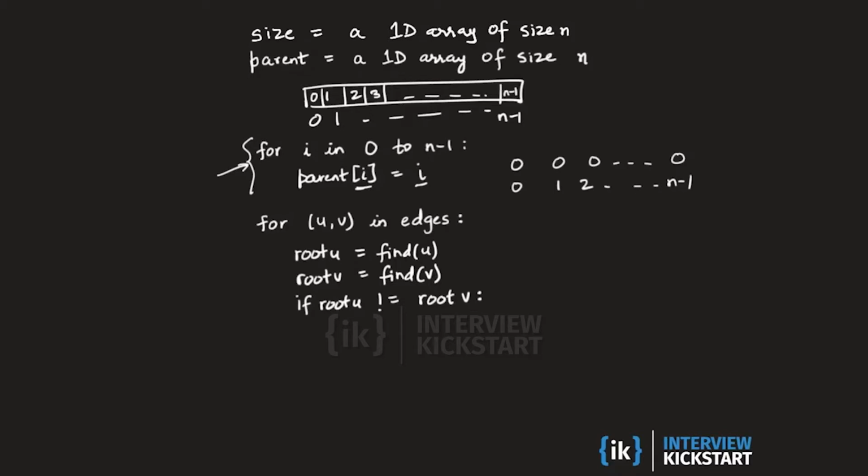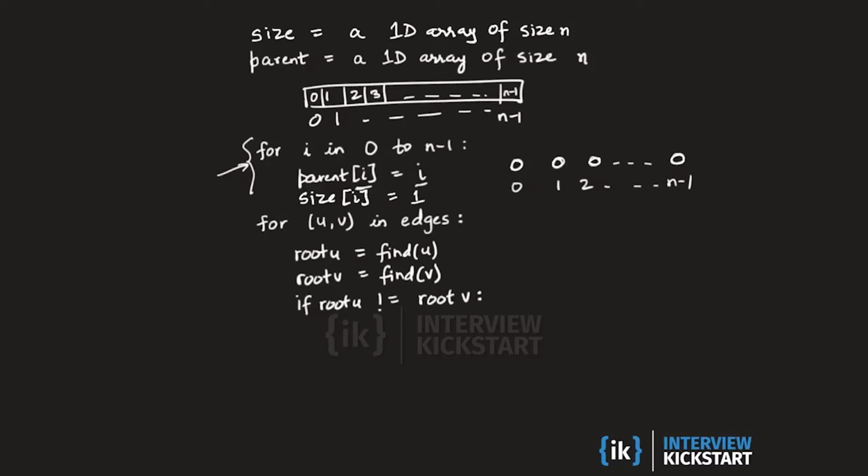So initially each vertex lies in its own connected component, so the size of the component that is rooted at vertex i is going to be just 1. So the size array is just a one-dimensional array of size n initialized to 1.